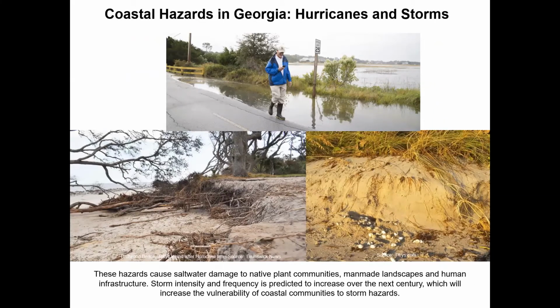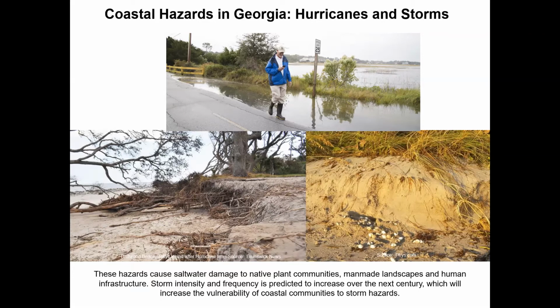And when this happens, we see saltwater damage occur to our native plant communities. It can cause impacts to man-made ornamental landscapes, as well as human infrastructure.